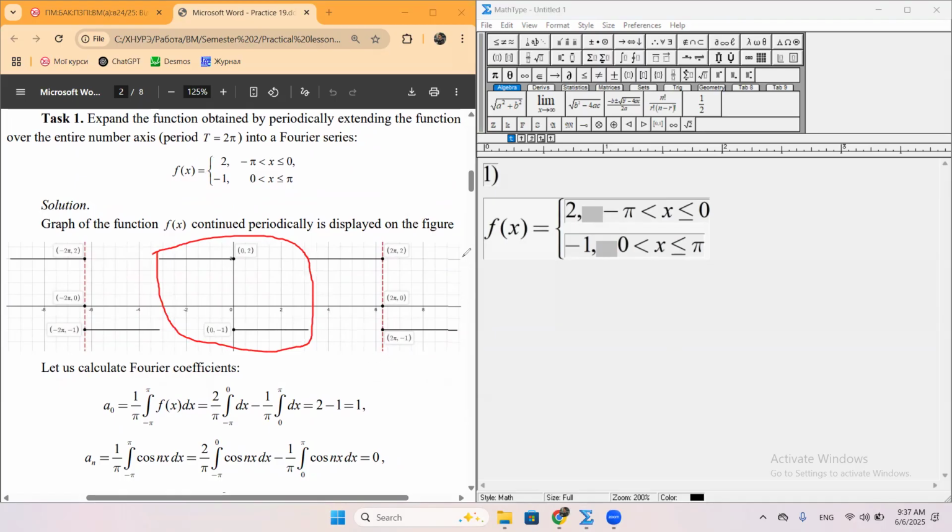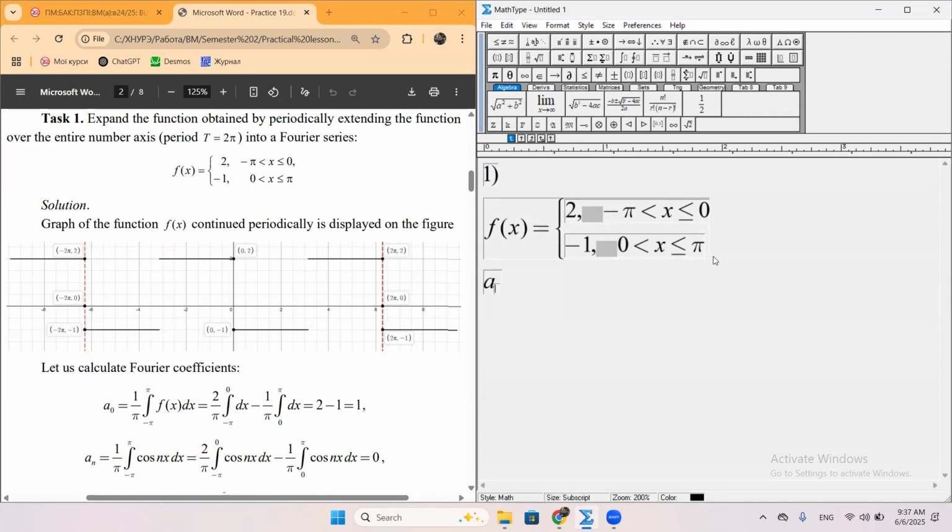A periodical extension of this function. So we just duplicate it to the left and to the right with the period of 2p. Now I will clear all drawings, and now we'll start to calculate Fourier coefficients.